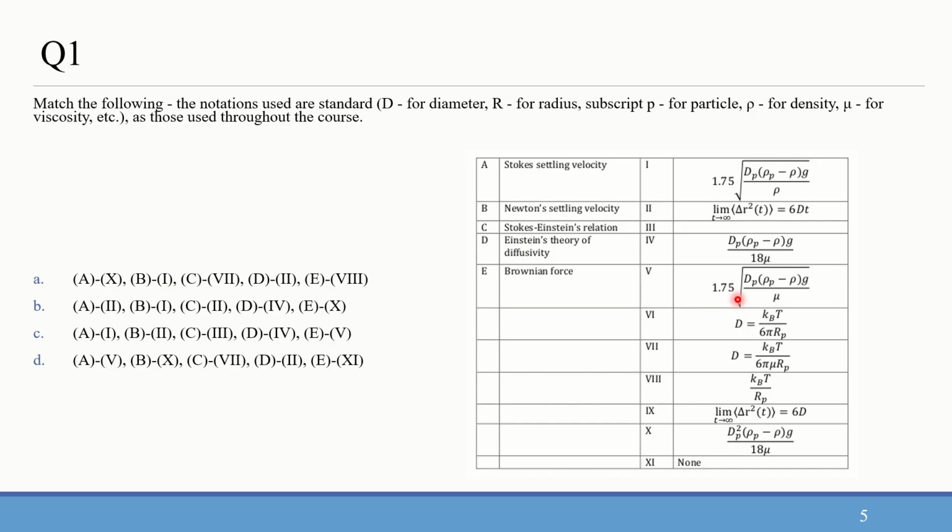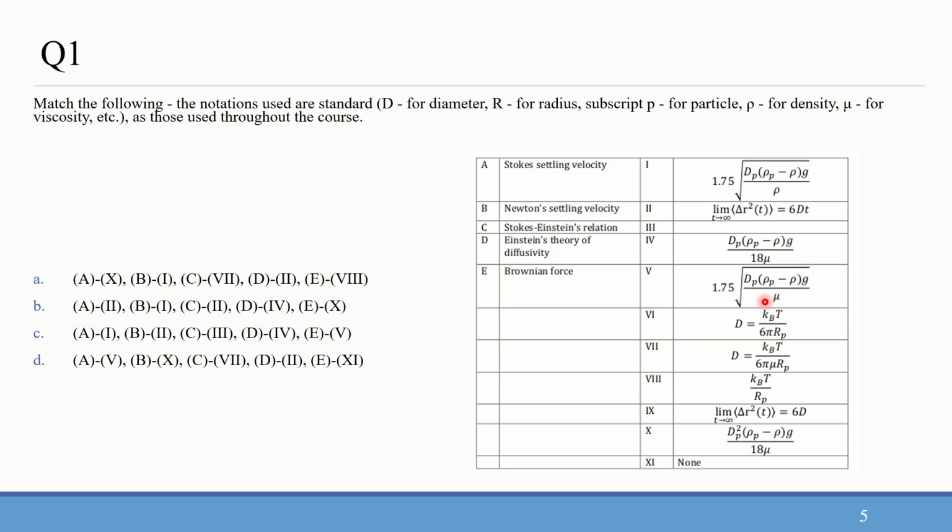Whereas in the fifth, if we see, it is meter into kg by meter cube into meter per second square, divided by kg per meter second. So kg gets cancelled, and we get meter into meter by second into meter by second square.